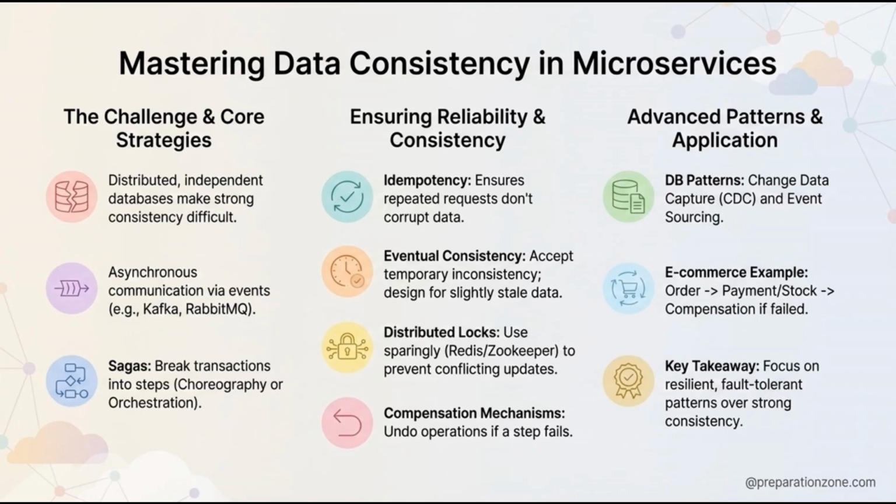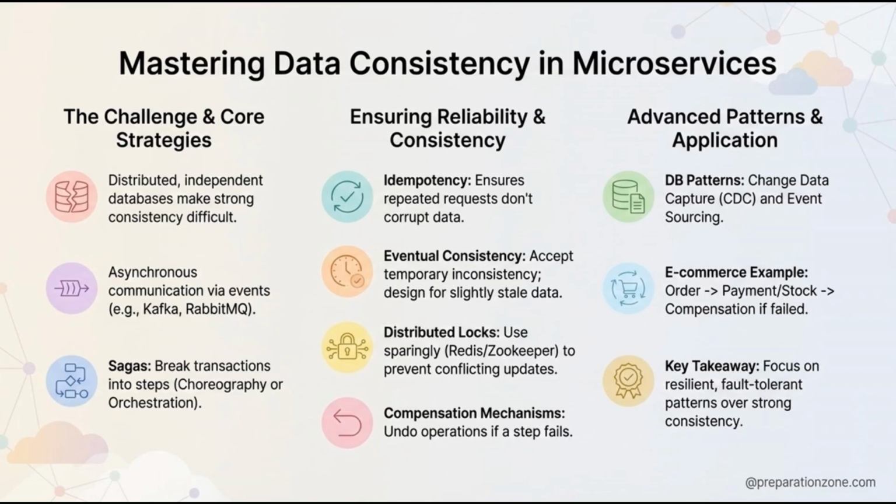Issue a refund automatically. The system stays consistent and the user stays happy. Database level patterns: we also leverage CDC, change data capture, which turns database changes into events. Event sourcing stores every state change as an event to rebuild service state anytime. These tools keep services aligned without tight coupling.